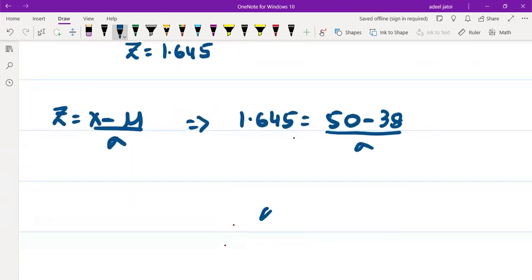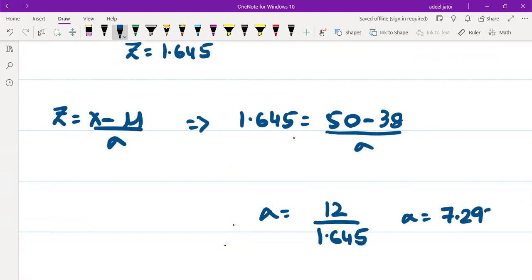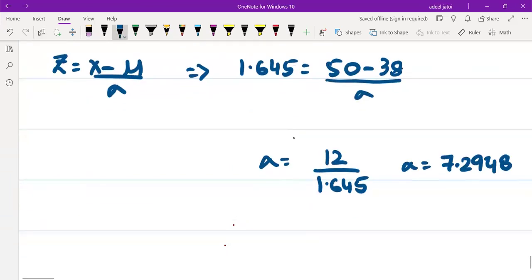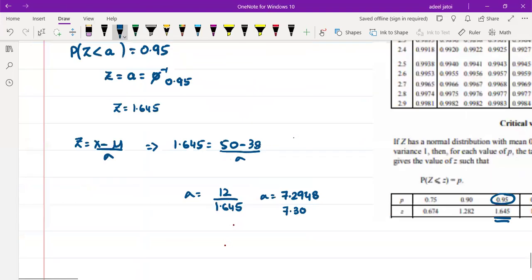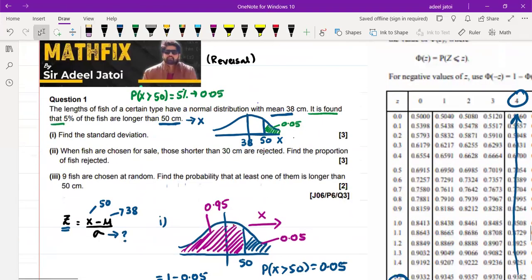So for the standard deviation, 50 minus 38 is 12, and 12 upon 1.645 gives 7.2948. So we can write this as 7.30. So the value of the standard deviation is 7.30. So this was a 3-mark question just to get the reversal of the standard deviation.